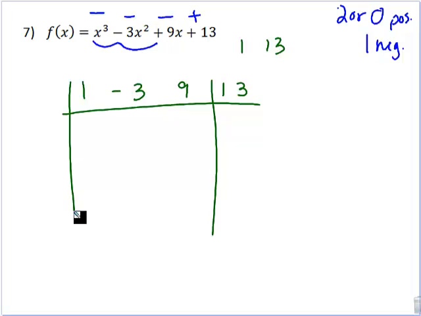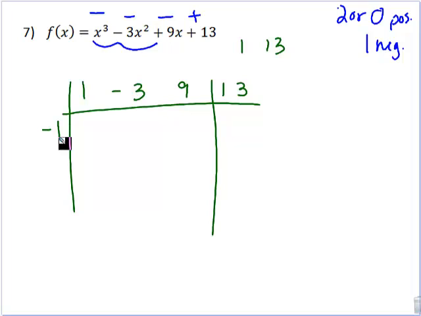Okay, which one do you want to try first here, negative 1 or negative 13? Yeah, I'd probably try negative 1 here too, because if you put negative 13 over here, that means you're multiplying everything by negative 13. Could you see our numbers getting very large if we did that? So negative 1 will most likely work.